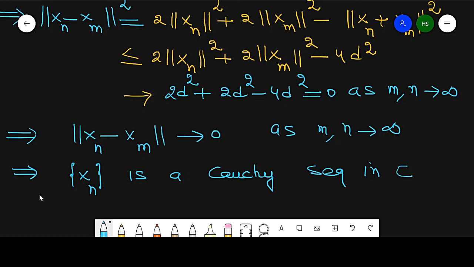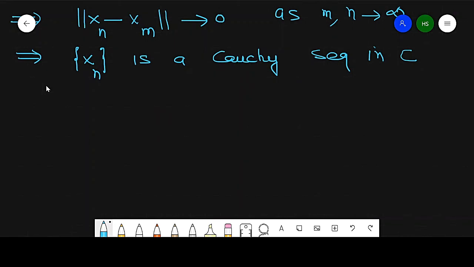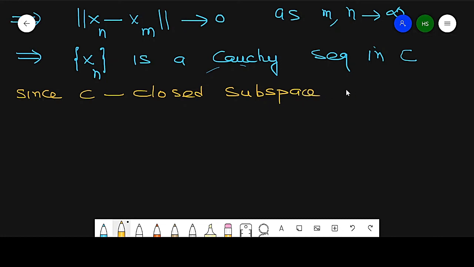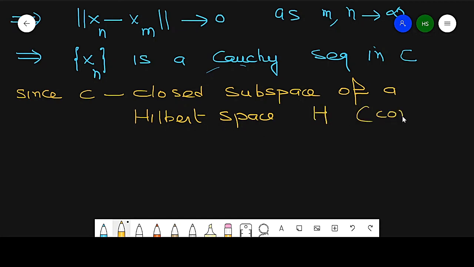Now what is C? C is a closed subspace of a Hilbert space. And what is a Hilbert space? A Hilbert space is complete. A closed subspace of a complete metric space is again complete.